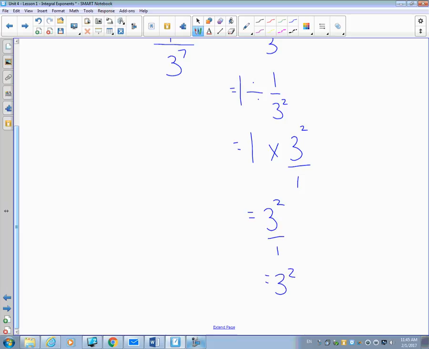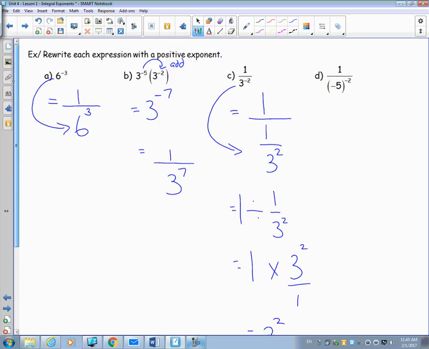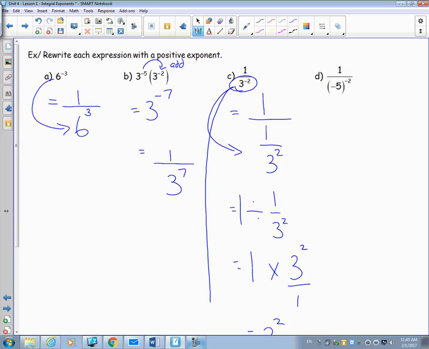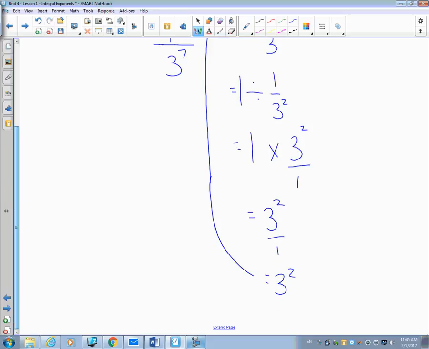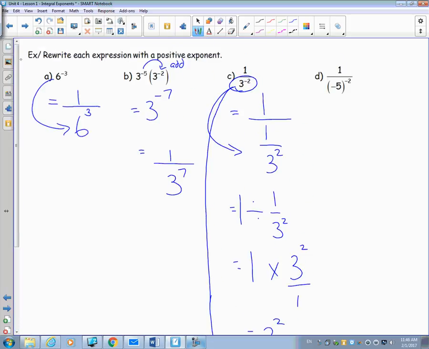So here's your second idea with this. I started off with a 3 to the -2 on the bottom, and it became 3 to the +2 on top. So you can take exponents and move your bases from the top to the bottom of a fraction if you have a negative exponent, or, in this case, from the bottom to the top and make a positive exponent.